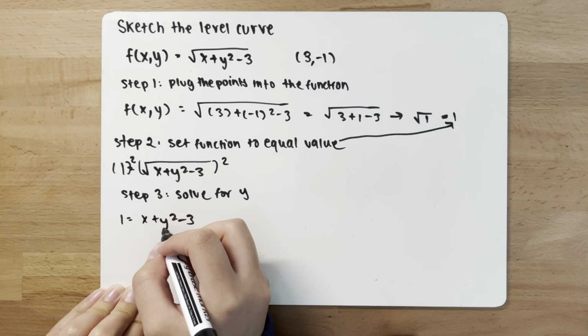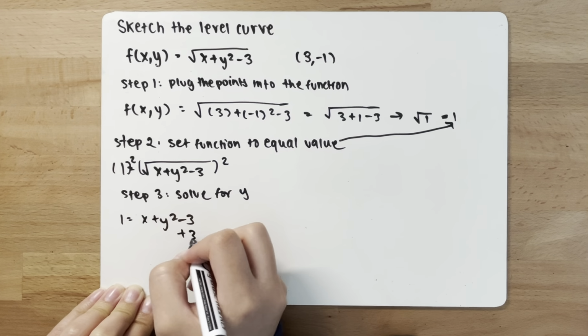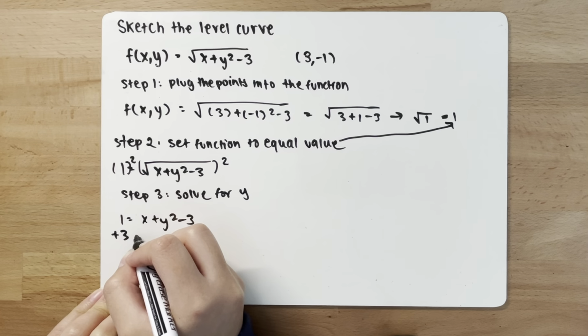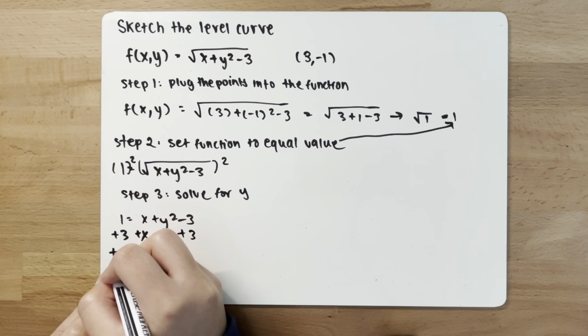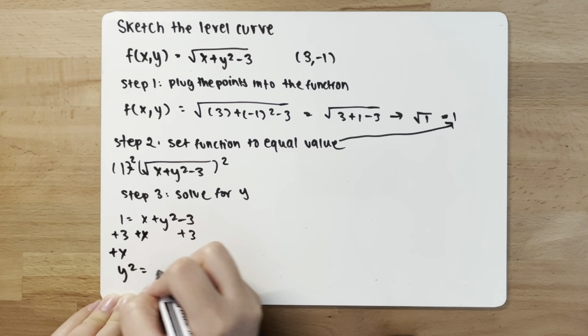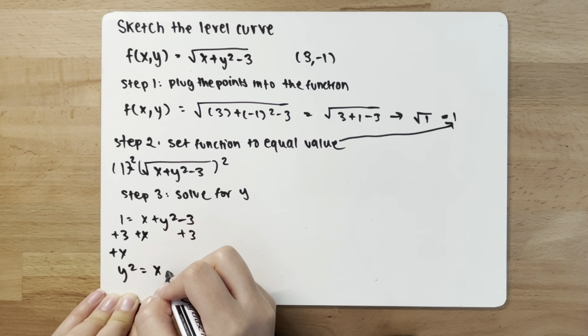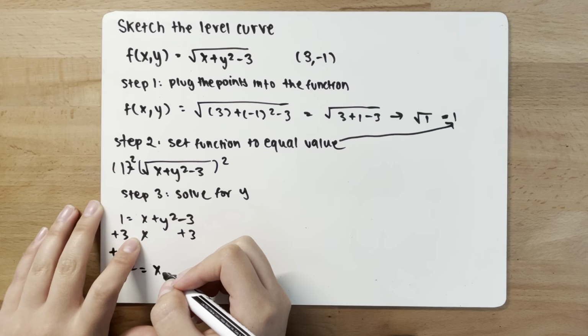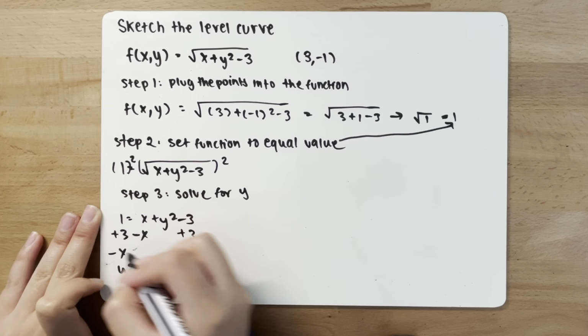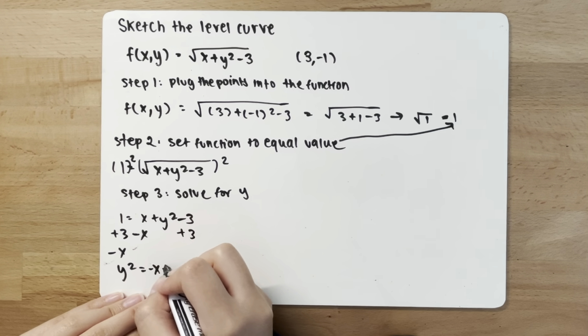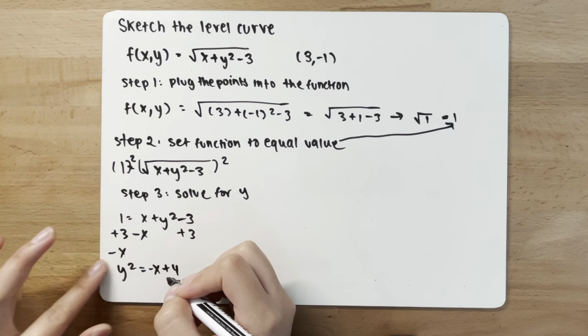Now you can isolate y squared, so add 3 on both sides and add x on both sides. So y squared is equal to x. No, this would not be an add x, it would be a subtract x on both sides. It will be negative x plus 4. Okay?